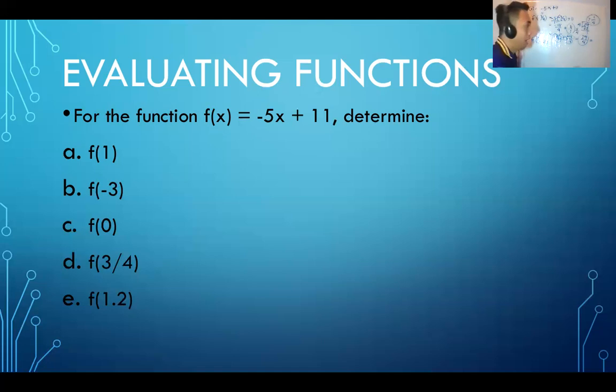Correct? Okay. So we have the final answer, which is 7 and 1/4. So letter D, the function of 3/4 is 7 and 1/4. This is the answer for letter D.